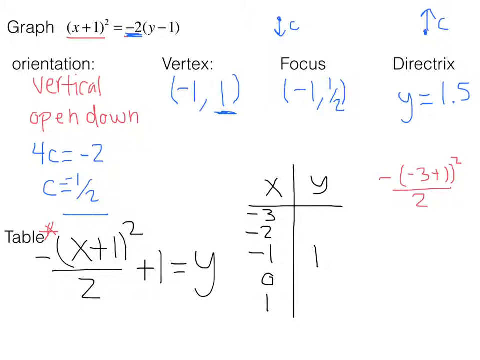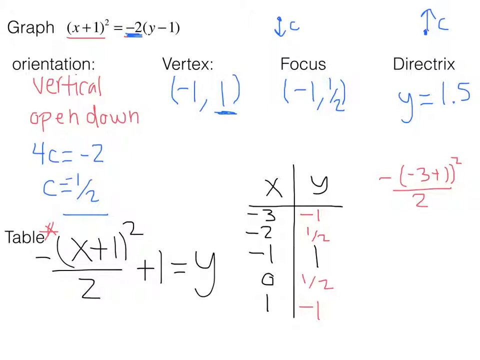That's negative 2 squared is positive 4, divided by negative 2 is negative 2, plus 1 is going to give me a value of negative 1. And then when I plug in negative 2, I'm going to end up with 1/2. When I plug in 0, I'm going to end up with 1/2 as well. And when I plug in positive 1, I'm going to end up with negative 1 again.